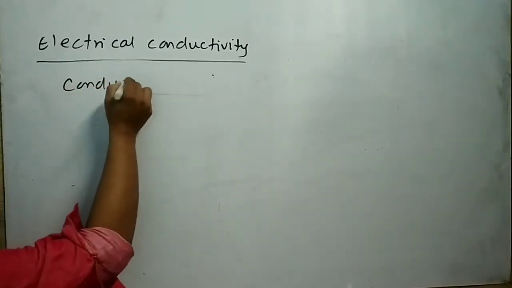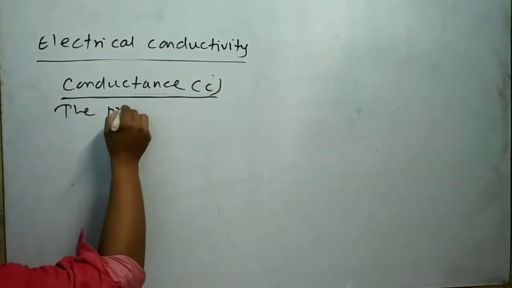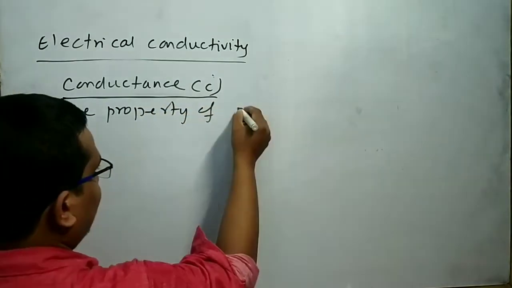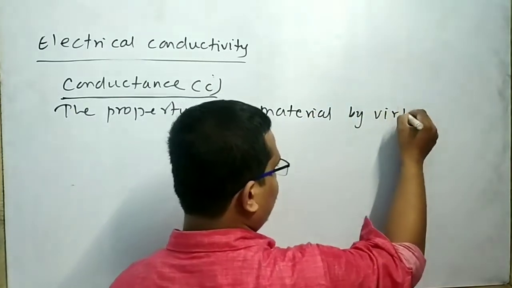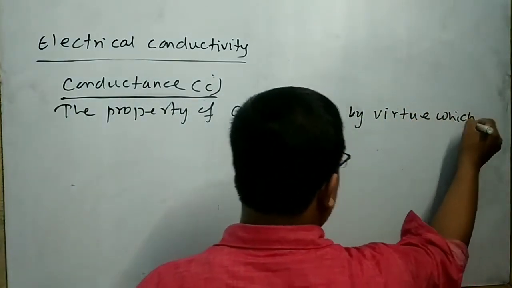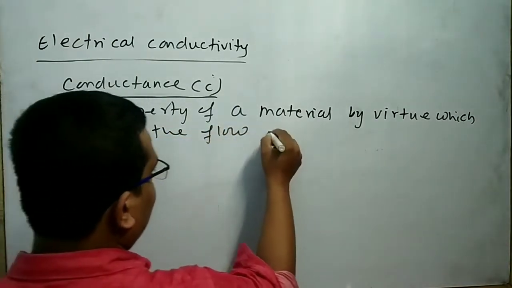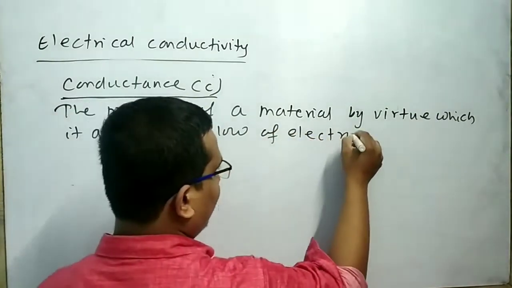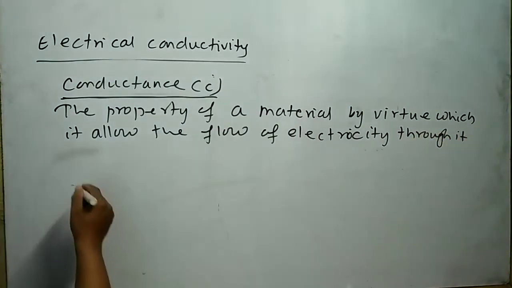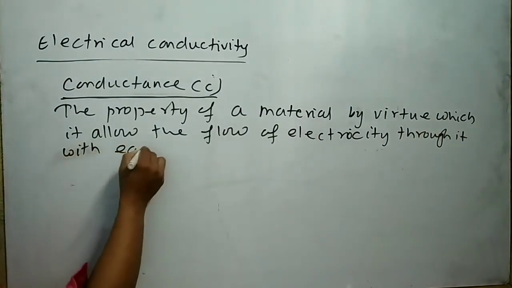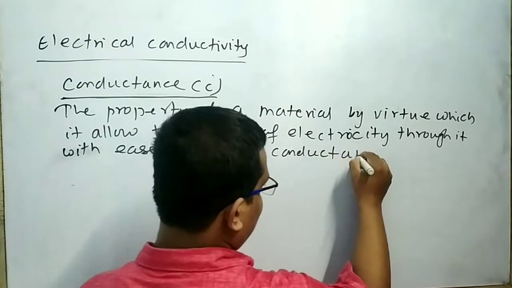Now I will explain the conductance. It is denoted by C. The property of a material by virtue of which it allows the flow of electricity through it is called conductance.